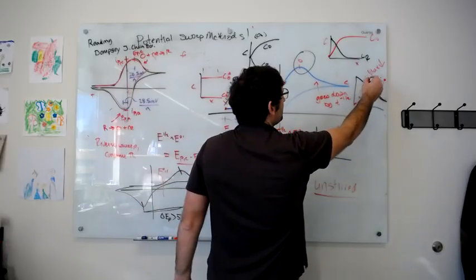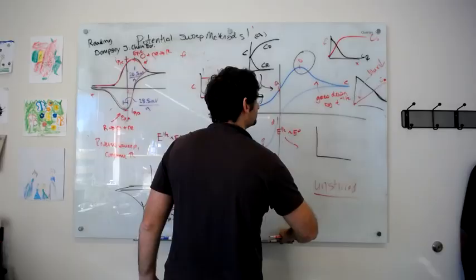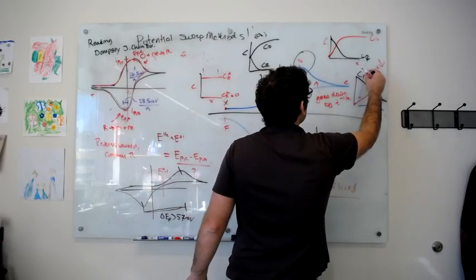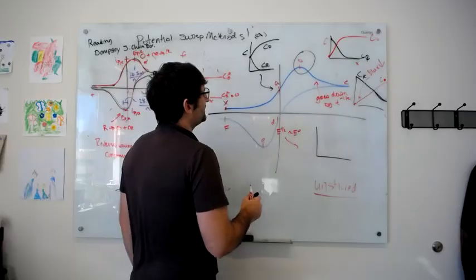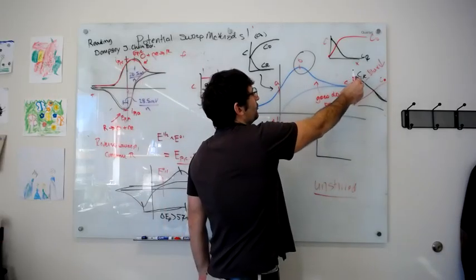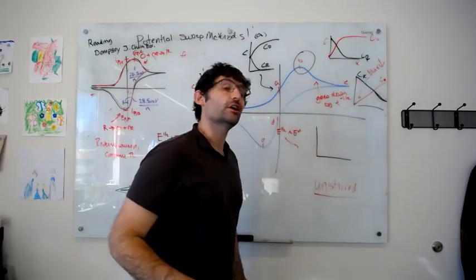Well, I've generated all this R now in the vicinity of the electrode surface, and if I sweep back, thermodynamics based on the Nernst equation is going to say we don't want all that R at the electrode surface.